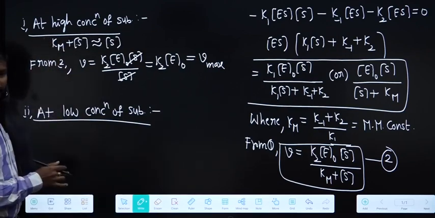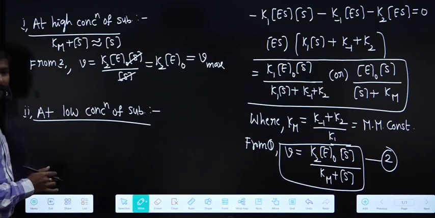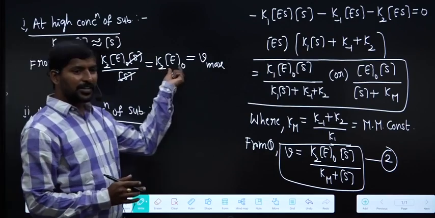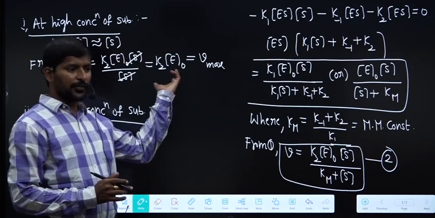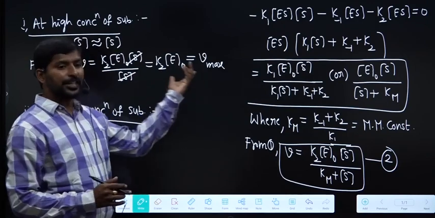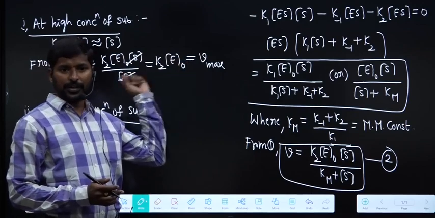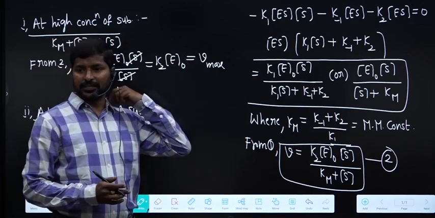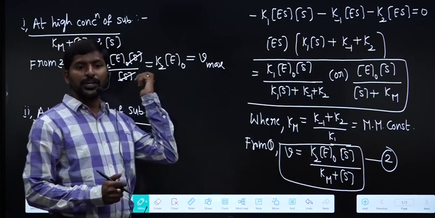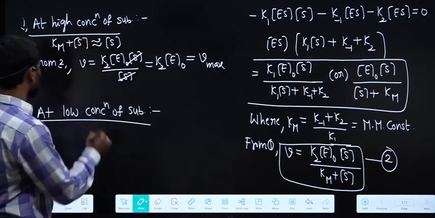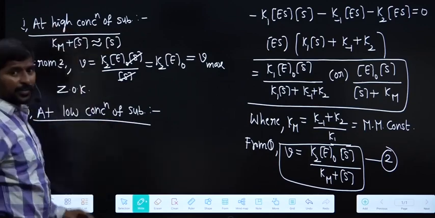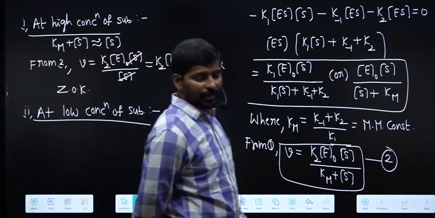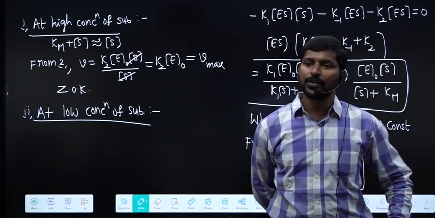At high concentration of substrate, there is no expression for the concentration of S, so V is independent of the concentration of substrate. That means it follows zero order kinetics. At high concentration of substrate, enzyme catalysis reactions follow zero order kinetics.